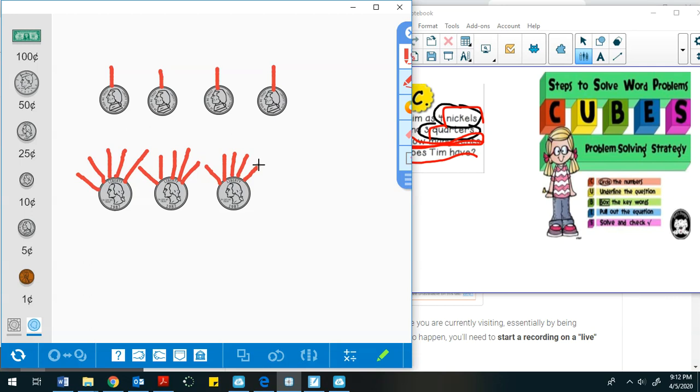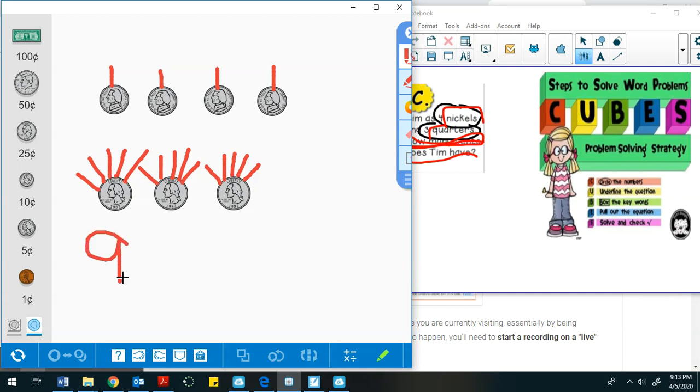Now, when I count money, I should start with the coins with the highest value. I can see my quarters are worth more. Each hair means I'm going to count by 5. So 5, 10, 15, 20, 25, 30, 35, 40, 45, 50, 55, 60, 65, 70, 75, 80, 85, 90, 95.